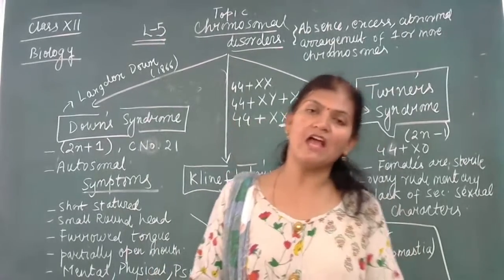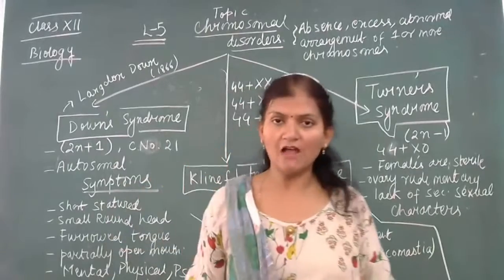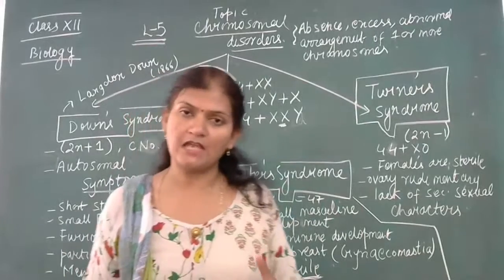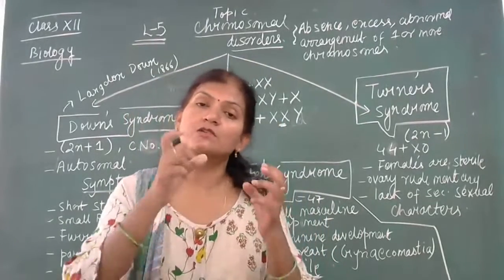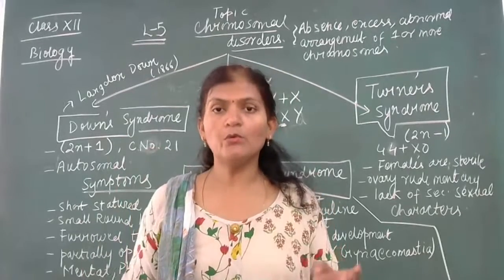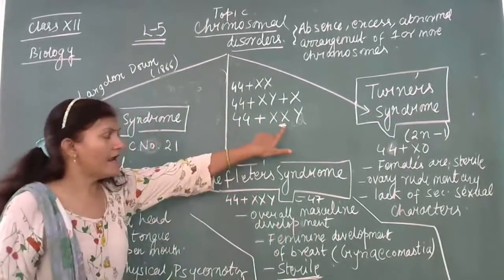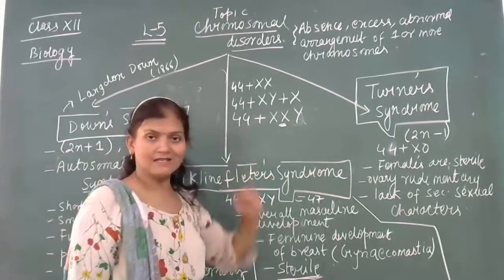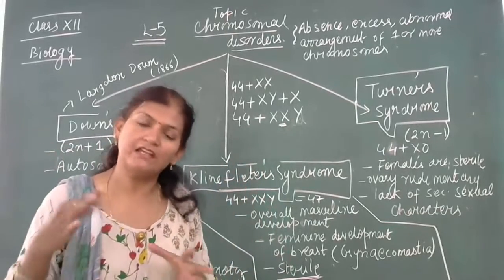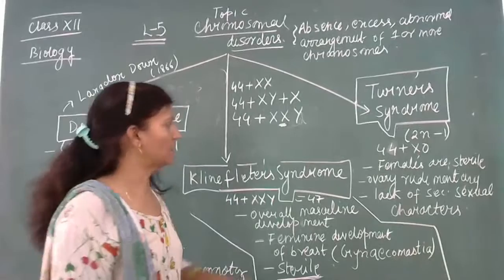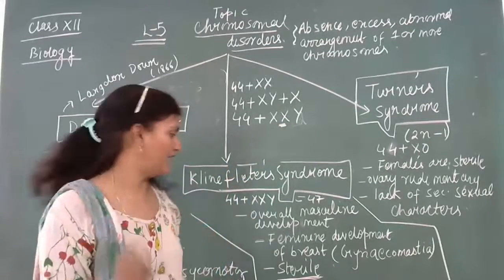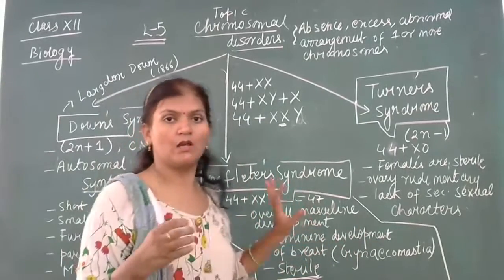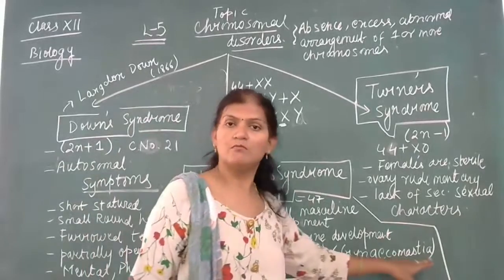Okay, students, so what we have learned in Klinefelter syndrome is that it is a type of sex chromosome disorder due to the addition of one extra X. Since Y is there, the person will have a masculine development of the body, but due to the presence of the additional X, the person will have a feminine development of breast, and this particular disorder is known as gynecomastia.